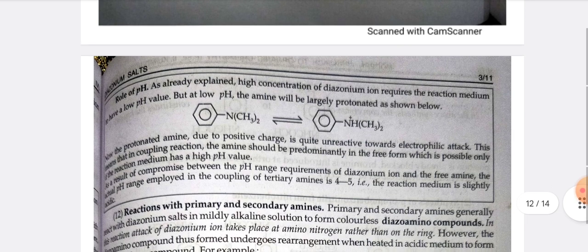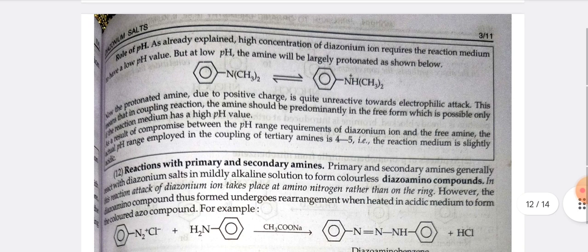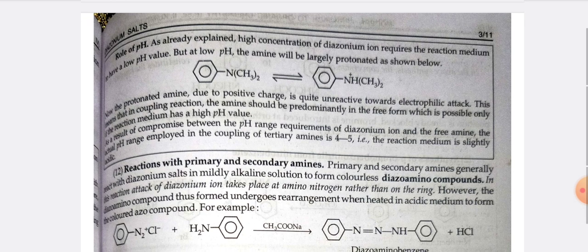Now the protonated amine, due to positive charge, is quite unreactive toward electrophilic attack. This means that in the coupling reaction the amine should be dominantly in the free form, which is possible only if the reaction medium has a high pH value. As a result of compromise between the pH range requirement of diazonium ion and the free amine, the actual pH range employed in the coupling of tertiary amines is 4 to 5. The reaction medium is slightly acidic.